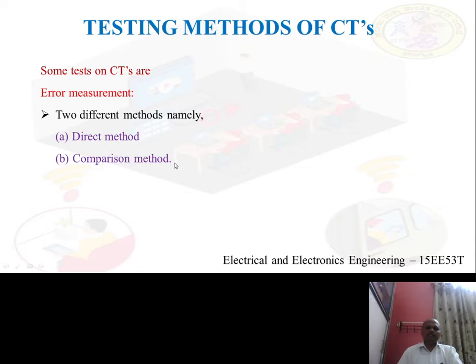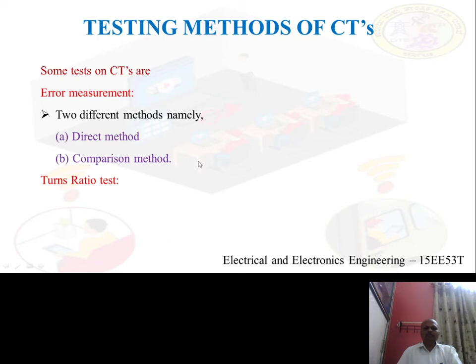Second one, comparison method. In direct method, two ammeters are used. One is connected to measure primary current and the other to measure secondary current. In comparison method, a substandard CT is taken whose errors are known. The CT under test is compared with substandard CT.